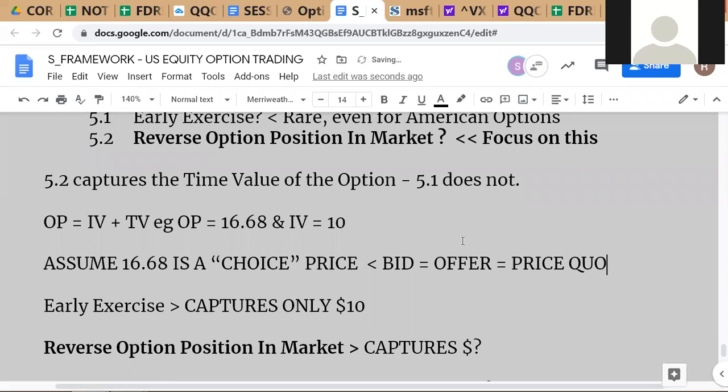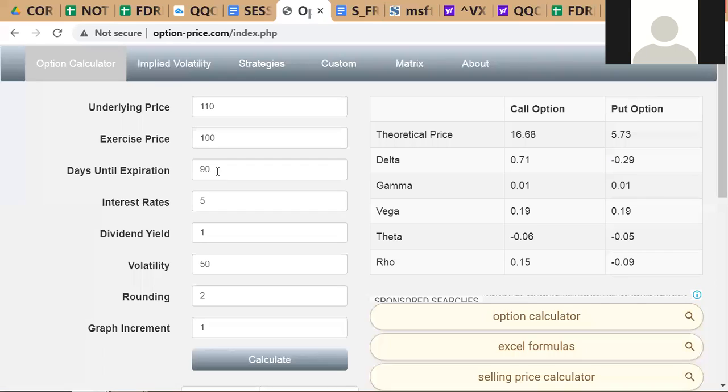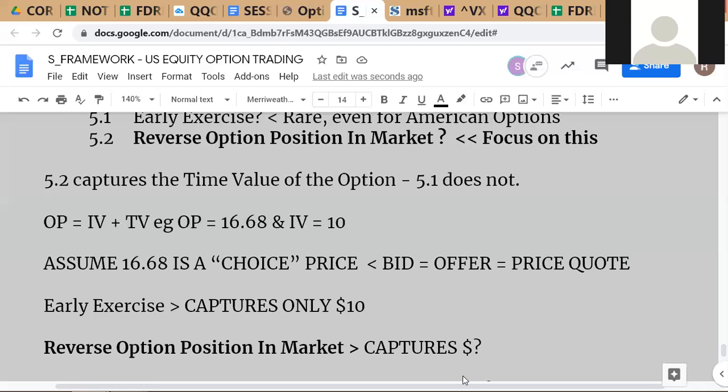Which means essentially that if the guy gives you a choice price quote of 1668, you will ask him, give me a two-way price for the 90-day 100 call on Microsoft. That guy will come back and say 1668 choice. What that means is that bid is equal to 16.68 and offer is also equal to 16.68, which means essentially he's giving you a choice.